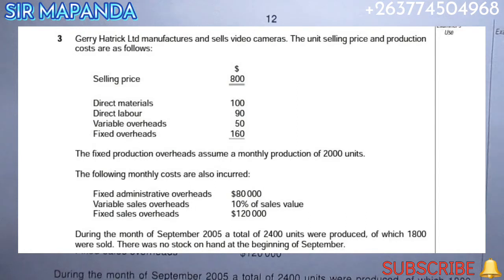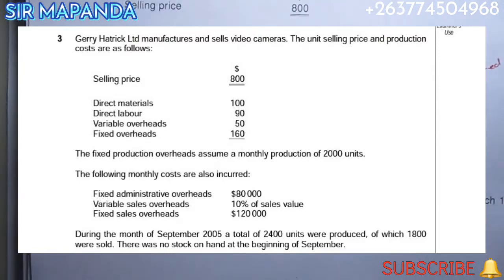So whenever your question is attached with normal activity or budgeted activity level, it means there is production volume variance to be calculated, which affects the absorption costing income statement. So the production volume variance can give you an under recovery or an over recovery. Under recovery is treated as expense, or it can be added to the cost of sales. Over recovery is treated as income, or it can be deducted from the cost of sales. I hope you are following.